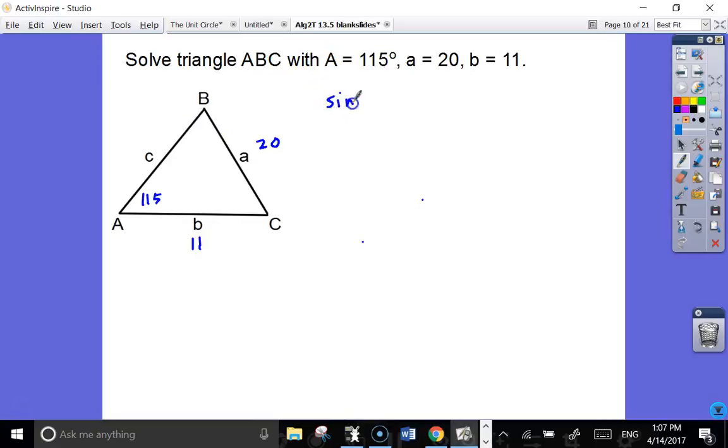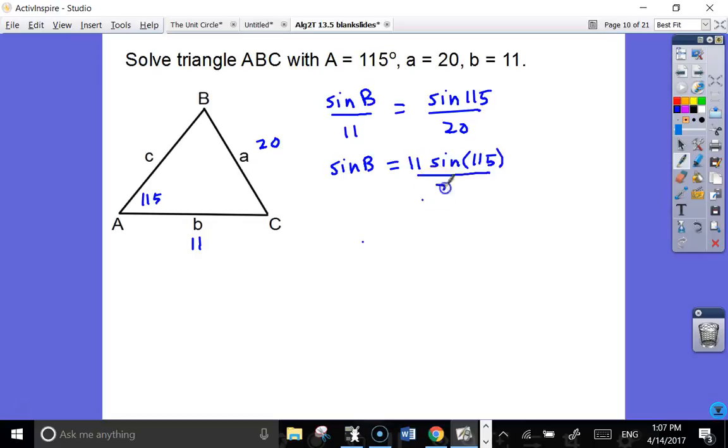Sine of B divided by 11 equals the sine of 115 divided by 20. So the sine of B equals 11 times the sine of 115 divided by 20.